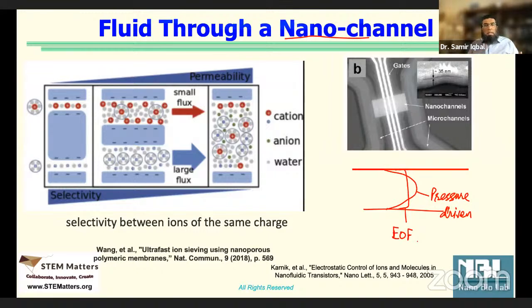It's showing that if we flow things slowly, we can separate those two from each other. But if we flow them too fast, we would lose selectivity. We can move things much faster. Permeability is higher, which means we can move things quickly, but we lose the selectivity.